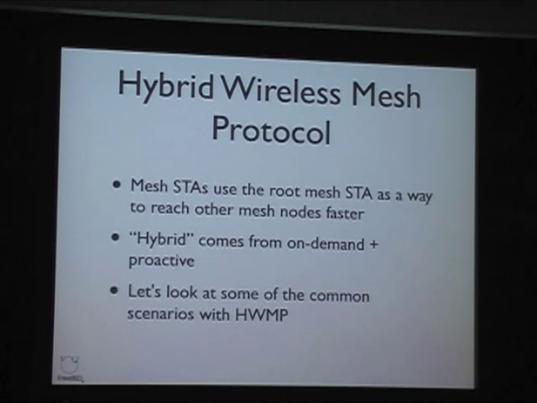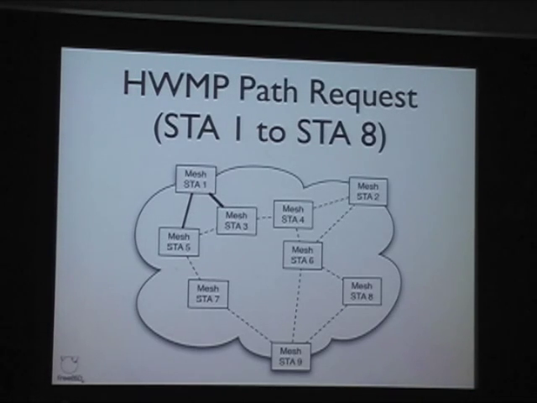So, common scenarios on HWMP. For instance, on this mesh network, let's say that station 1 wants to find a path to station 8. Station 8 is some hops away, and station 1 broadcasts a packet saying, I want to build a path to station 8.